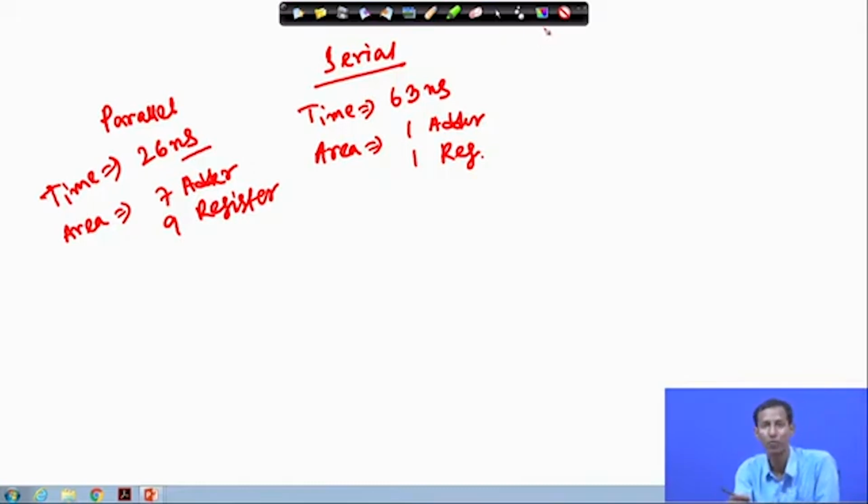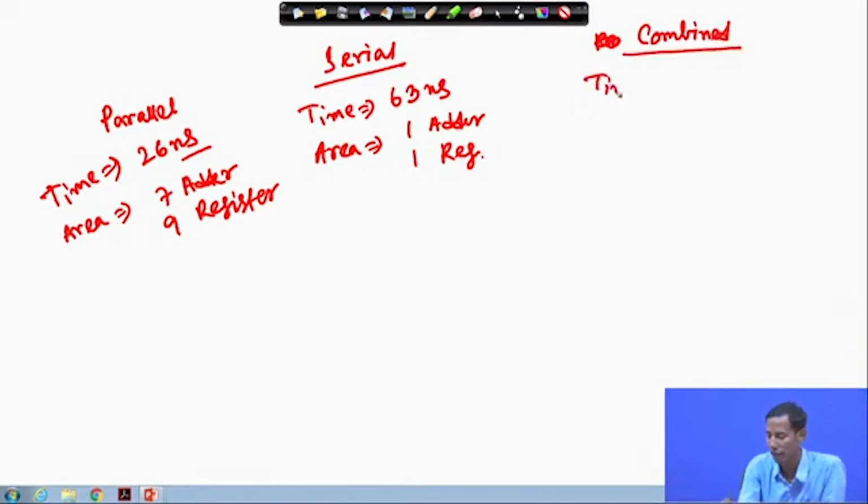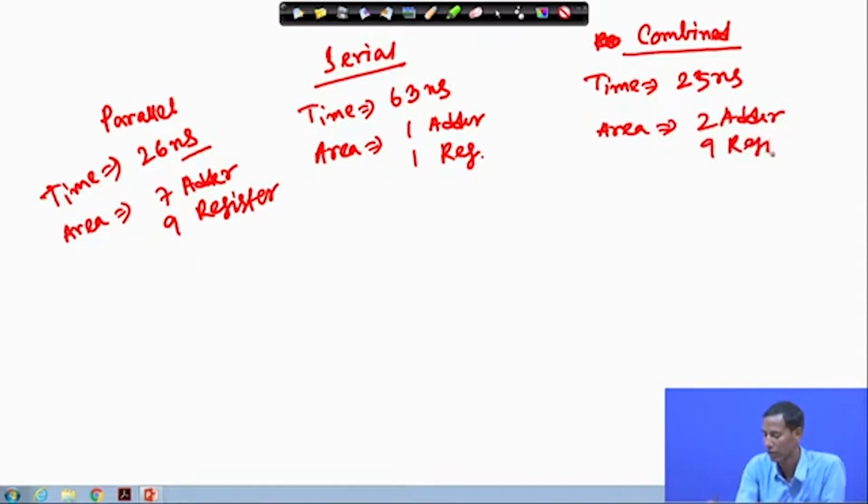For this particular implementation, if I consider this as a combined mode, at that time the time requirement is 25 nanosecond, area is 2 adders and 9 registers. So, now you see in this particular case the area is an advantage, but the time requirement is very poor.